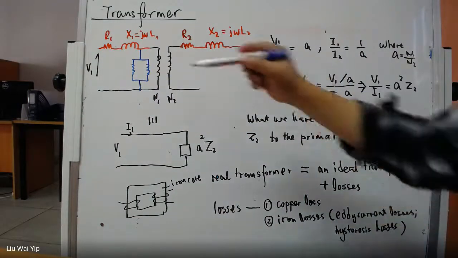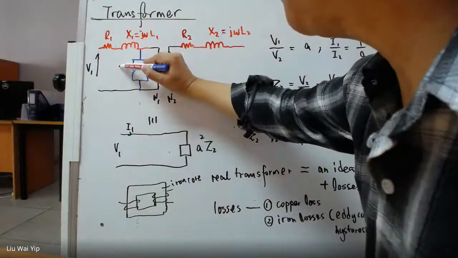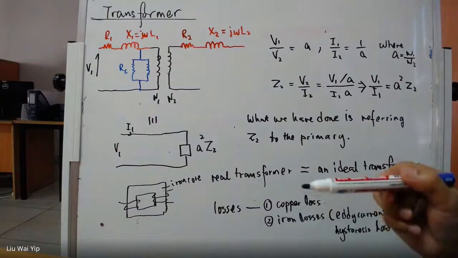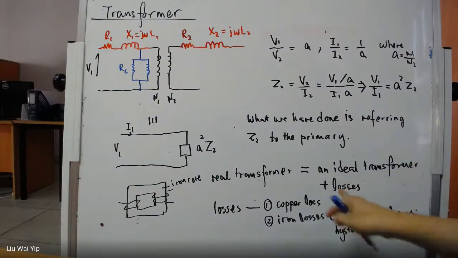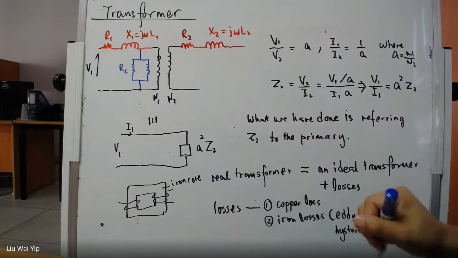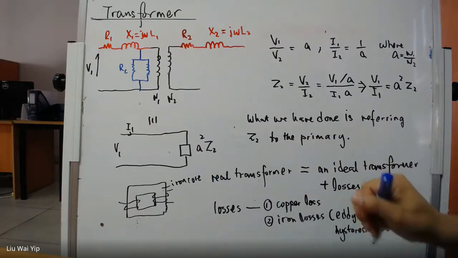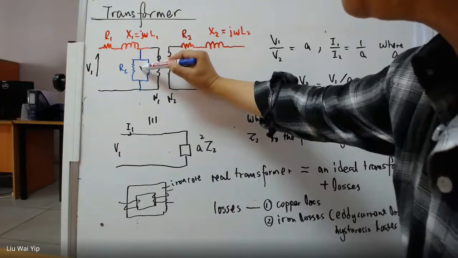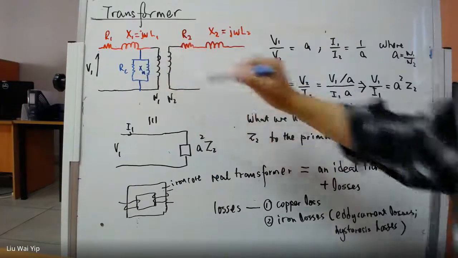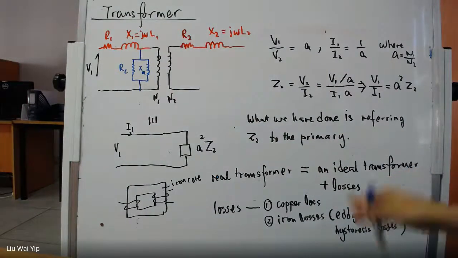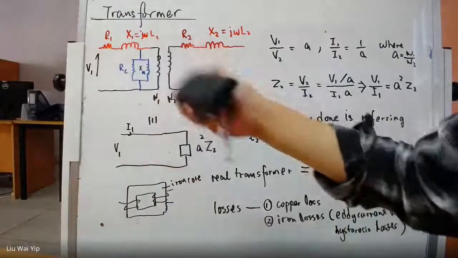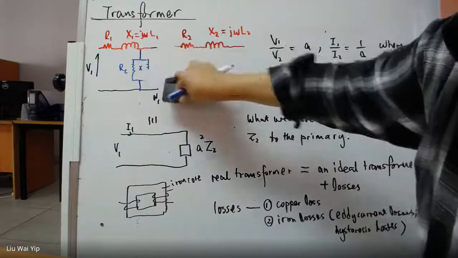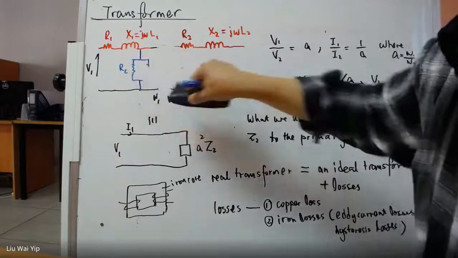The parallel components include RC, which stands for the eddy current loss, and also XM, which stands for the hysteresis loss. So this is the reality of a transformer. Let me withdraw it. It's not very clear now.